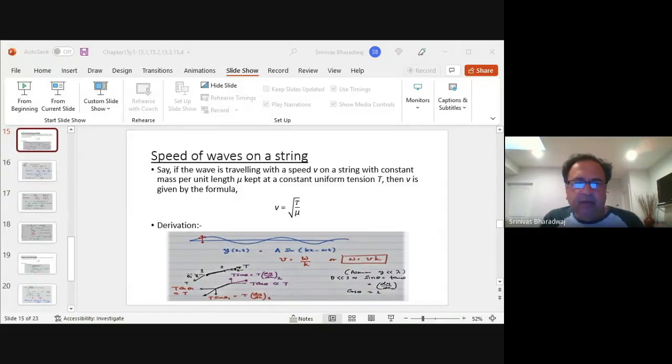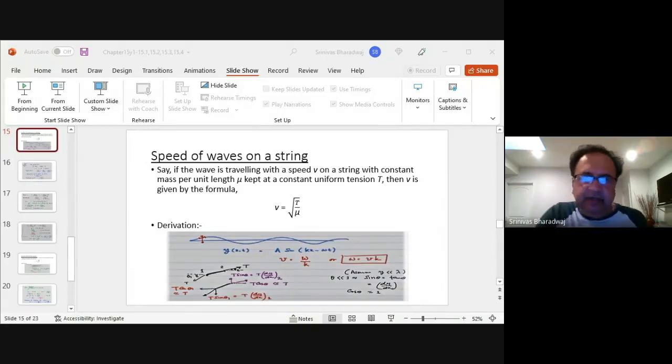So y equals A sine(kx minus omega t), and the mass is mu times delta x, where mu is the mass per unit length. And therefore, relating these terms, force is equal to ma, and that leads to your formula T over mu equals v square. You can think of it as v square equals u square plus 2as, where v is the velocity, a is the acceleration, and s is the distance traveled.